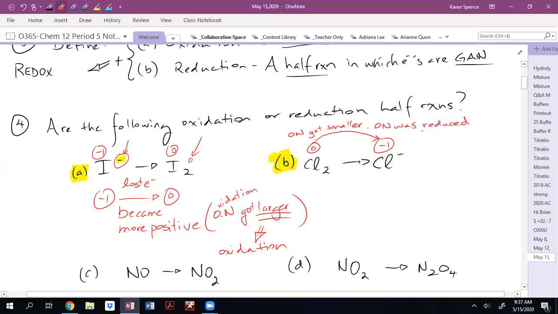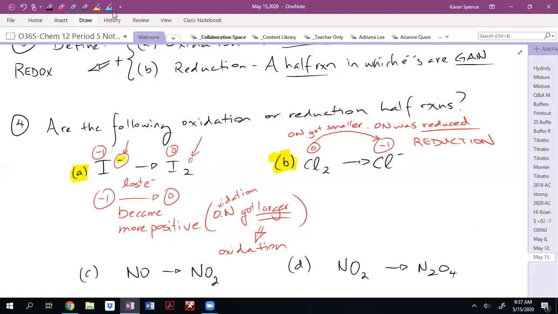Being reduced means you get smaller. And since the oxidation number was reduced, it must be a reduction half reaction.